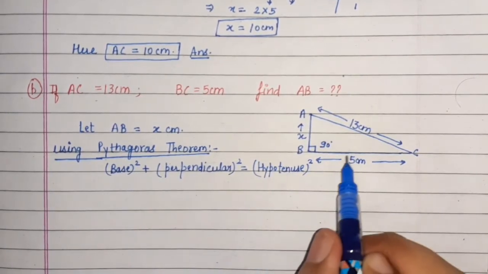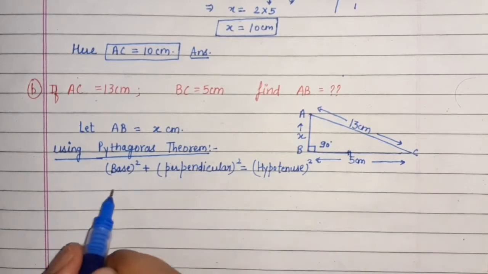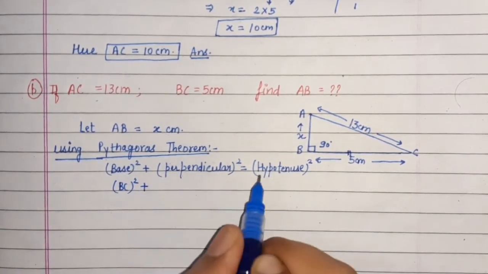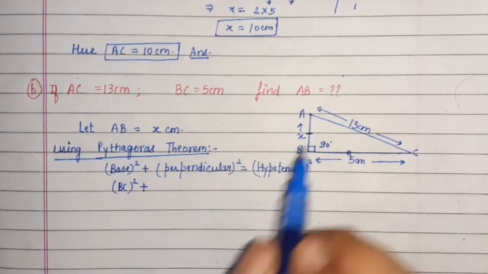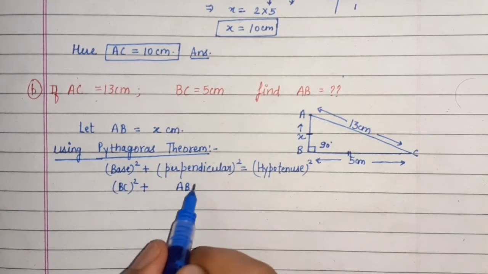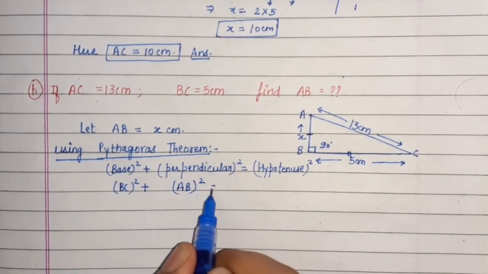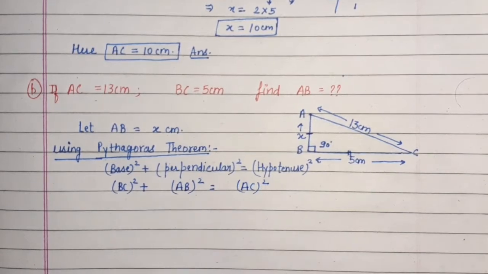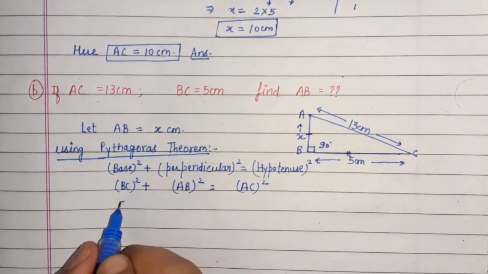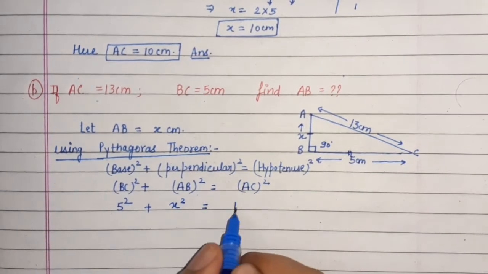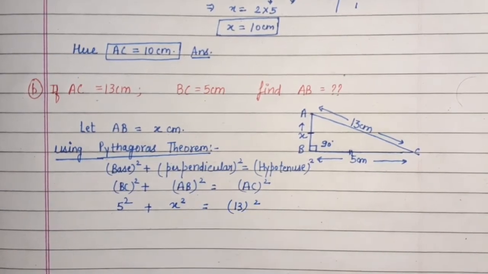So base, this is our base BC, you can write like this, BC square plus perpendicular. Now this is our perpendicular, where the 90 degree is made, this side, AB square is equals to hypotenuse AC whole square. Now put the value of BC, 5 square plus X square is equals to AC is given already 13 square.